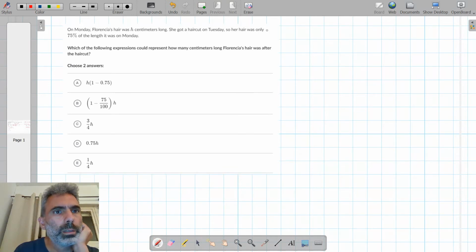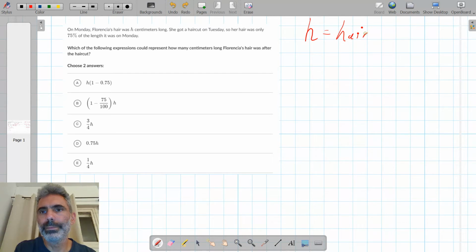On Monday, Florencia's hair was 8 centimeters long. She got a haircut on Tuesday, so her hair was only 75% of the length it was on Monday. Okay, which of the following? Okay, so H is the hair length on Monday.